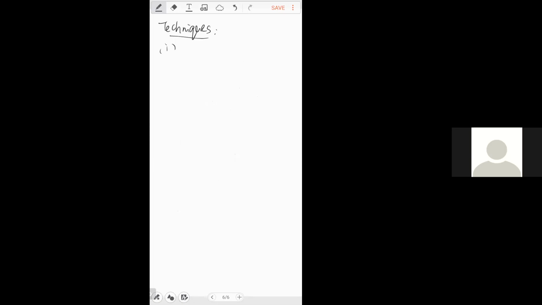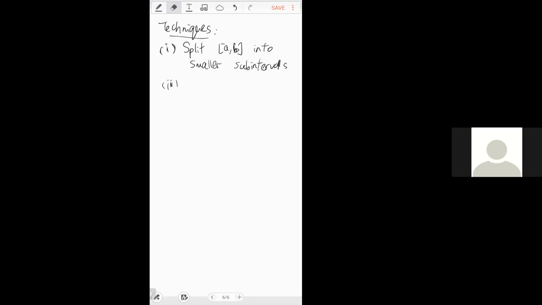We have a fixed interval from A to B. The first step is you want to split the interval into smaller subintervals. Depending on the question, it can say to split the interval into 10 parts. It could be 5, it could be 3. You have to look at the question.